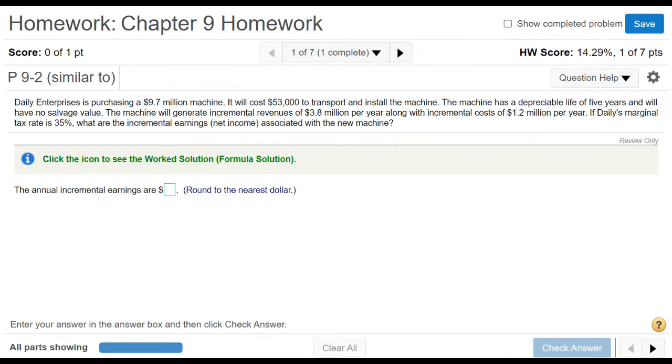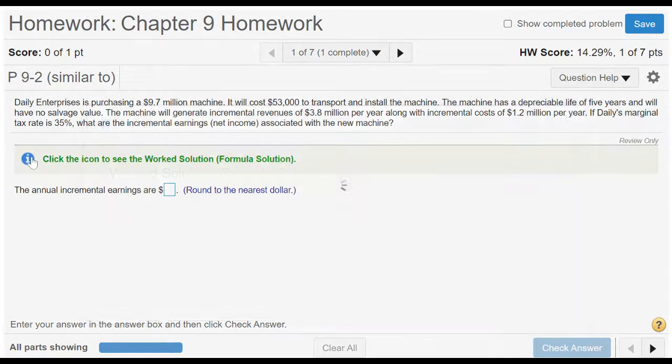So first thing we're going to do, we're going to put in parentheses 3,800,000 minus 1.2 minus, divided by, 9,700,000 plus 53,000 divided by 5 in parentheses. Then we say 1 minus 0.35, so it's going to be 0.65 after you've done the parentheses.